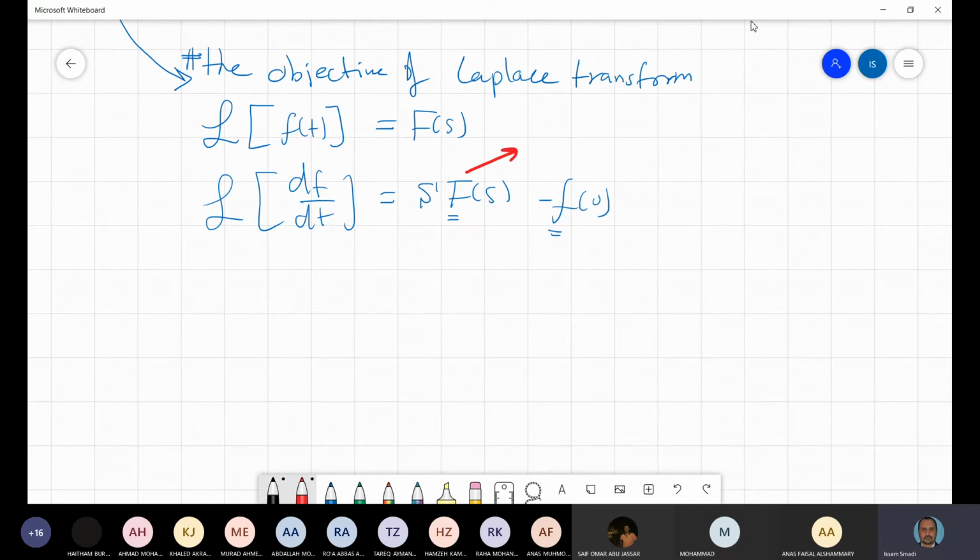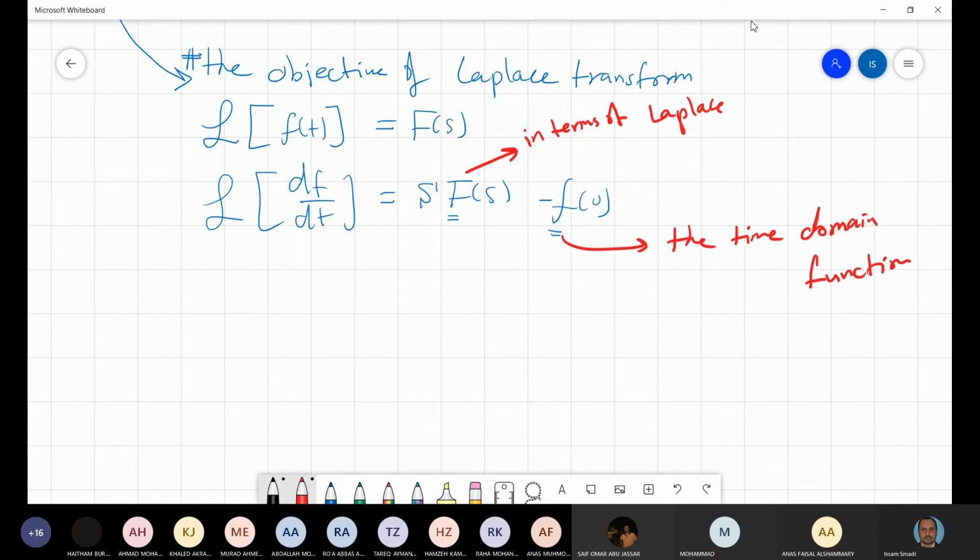This function in terms of Laplace, and this is actually the time domain function. And this is the initial condition, what we call it. The initial condition.